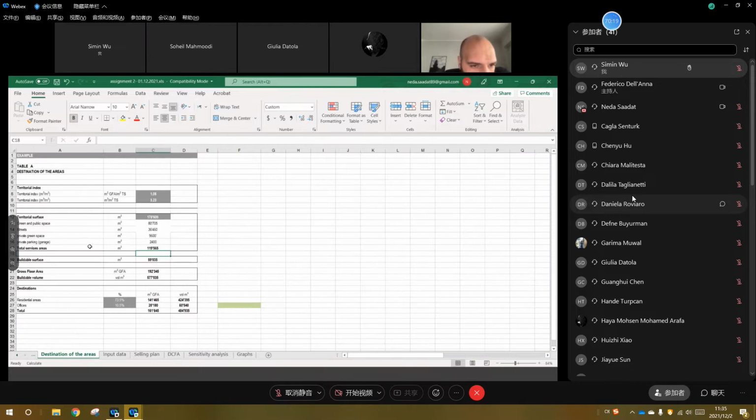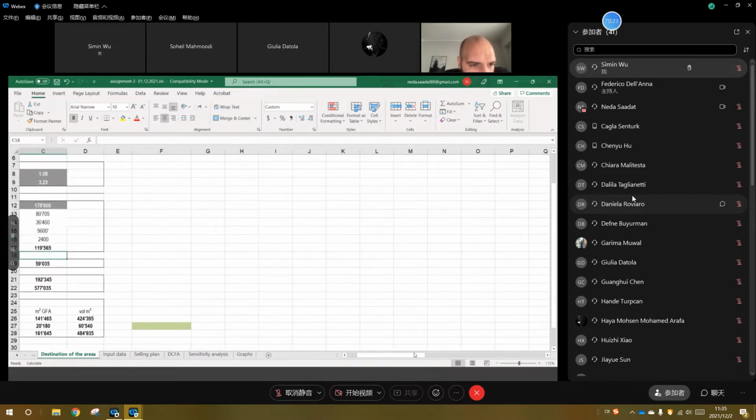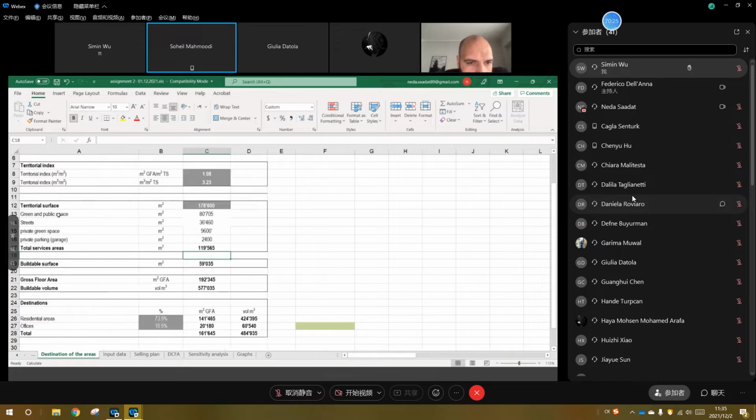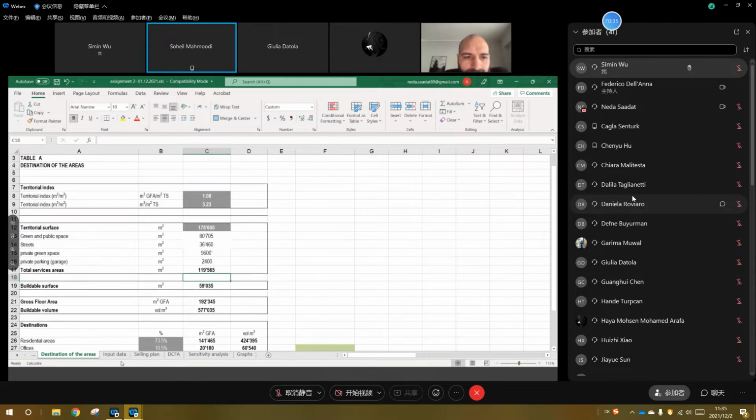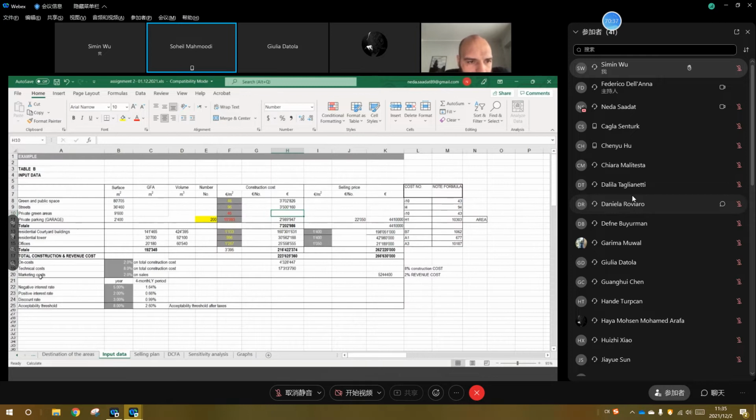Okay. At first, as we understood, we have to divide the green spaces and even the residential parts for the tower and so on. We put the data like this: green space, streets, private green area, private parkings, and then residential courtyard, residential tower, and offices.